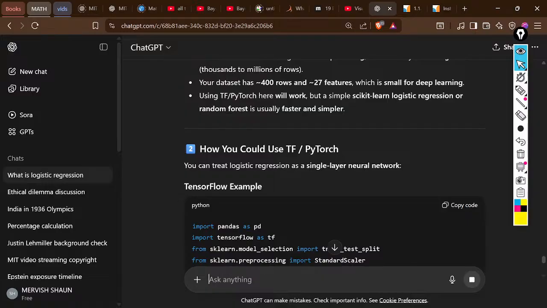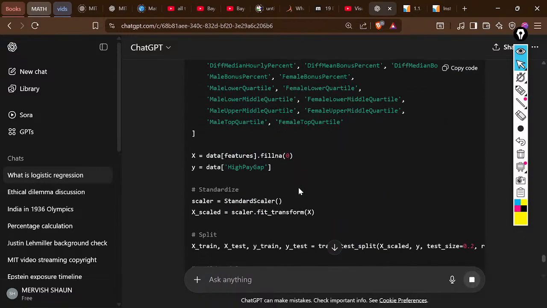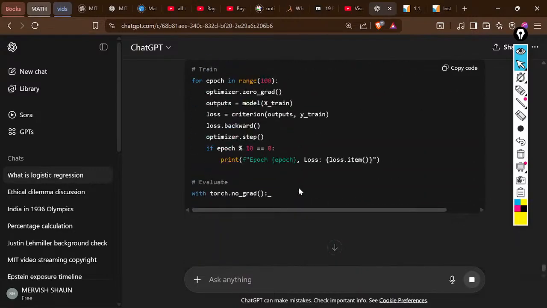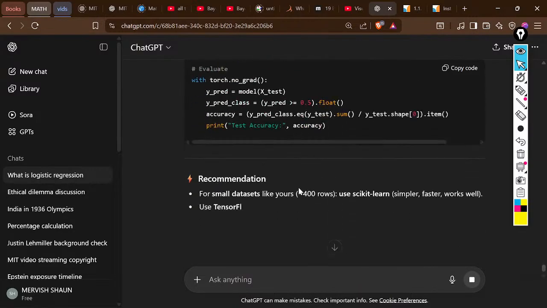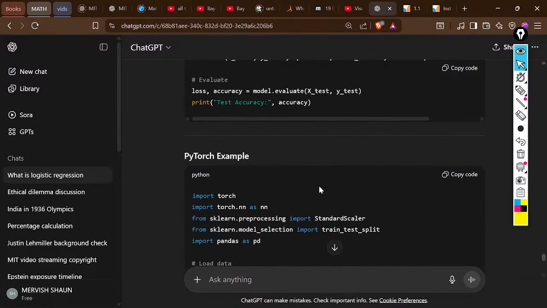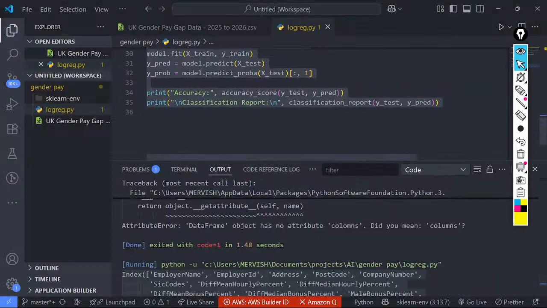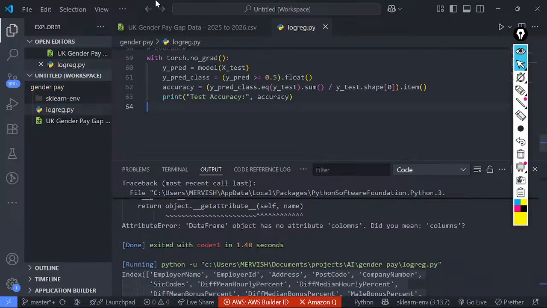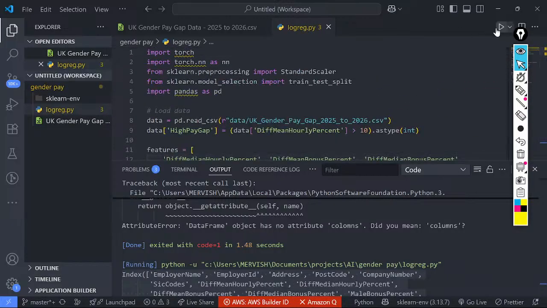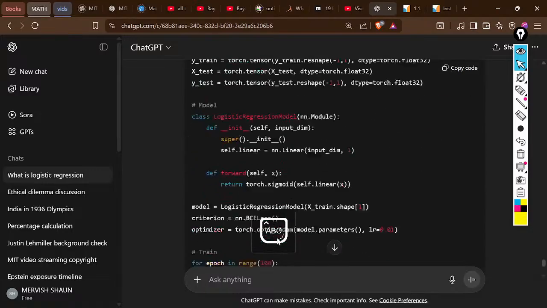You can treat logistic regression as a single layer neural network. Fuck it. Torch. I need to download Torch.